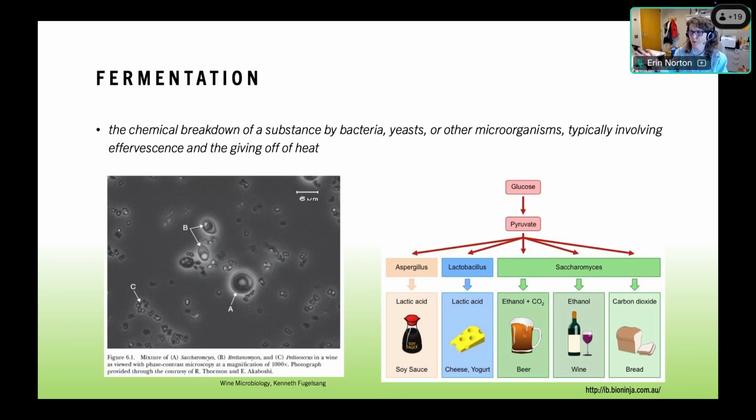I think tofu, lots of different fermented foods out there. And you're not always making alcohol. That's my point here: I want you to understand that fermentation doesn't mean you're making alcohol. You're just doing a conversion of some chemical to another chemical with a microorganism.